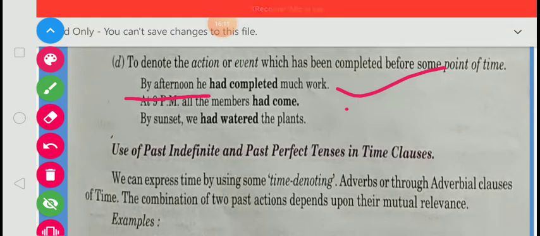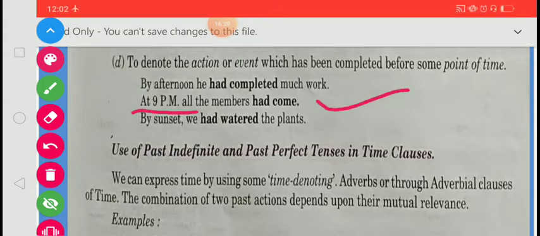Okay students, so by afternoon he had completed much work. Because of this word referring to time, we have expressed this sentence in past perfect tense. Okay students, at 9 p.m. all members had come.